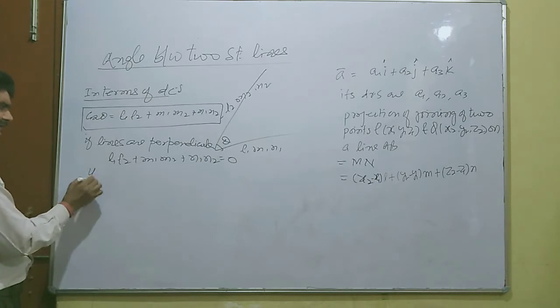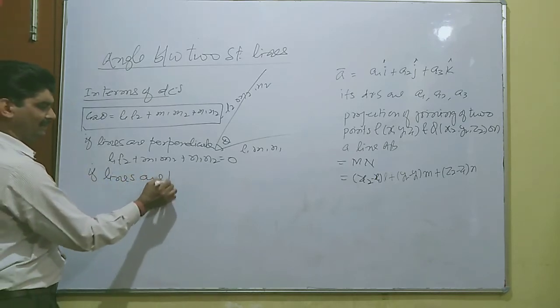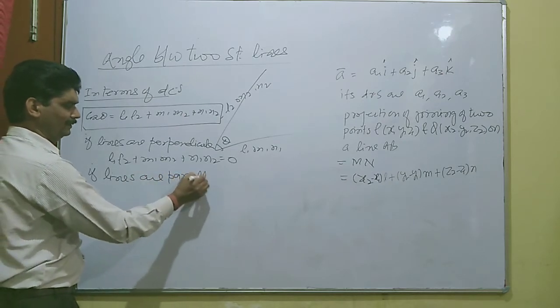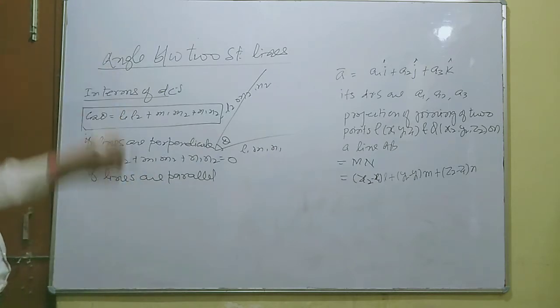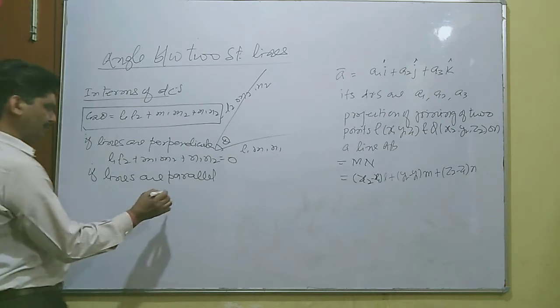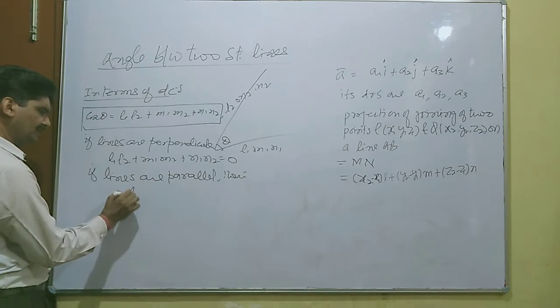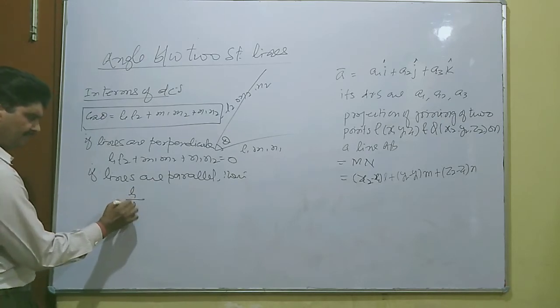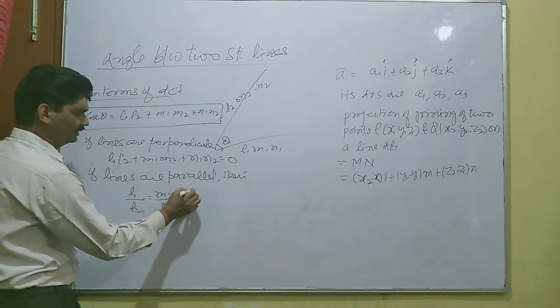If the lines are parallel, it means theta is 0. So now we find in terms of sine theta, after reducing sine theta by Lagrange's identity, and the condition becomes l1 upon l2 equal to m1 upon m2 equal to n1 upon n2.